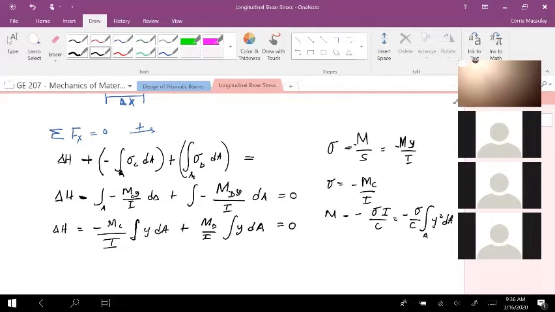So I is called the second moment of area with respect to the neutral axis. But here we have the integral of y dA, which we usually represent as Q, and that's the first moment of area.